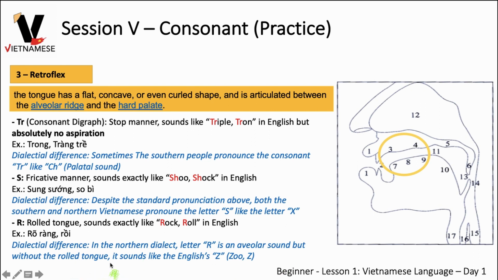So it would sound like the English z. So if I am a northern person, I would pronounce this word like rõ ràng, or rồi. But remember that the official pronunciation for this consonant is still r.